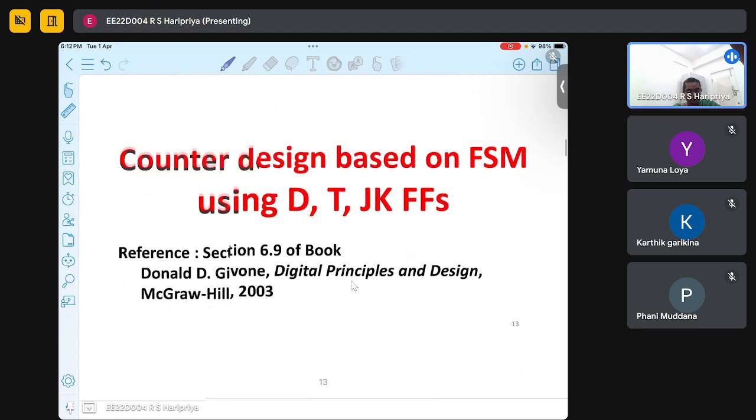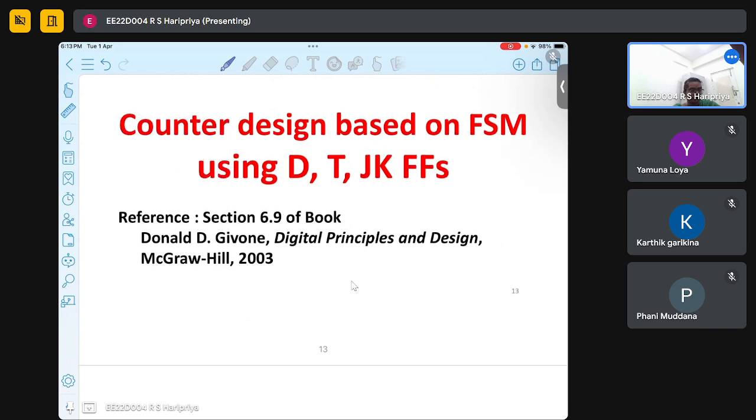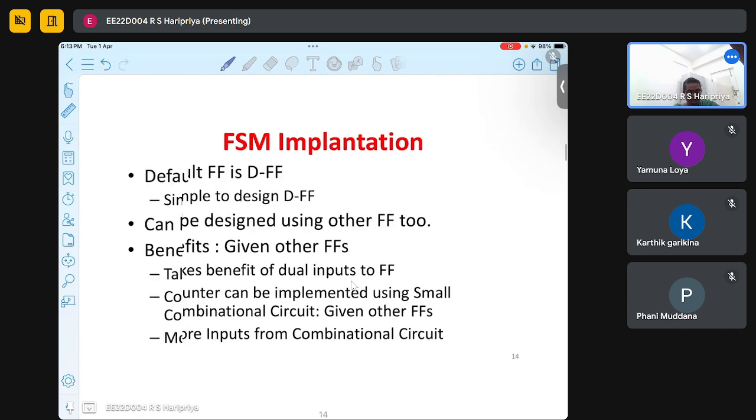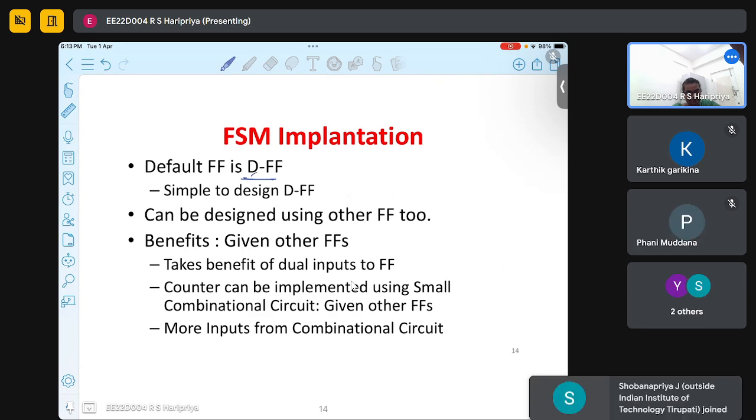Okay. So now, counter design based on FSM using JK flip-flop. For FSM implementation, by default we use the D flip-flop because it is simple to design. But it can be designed with other flip-flops too.